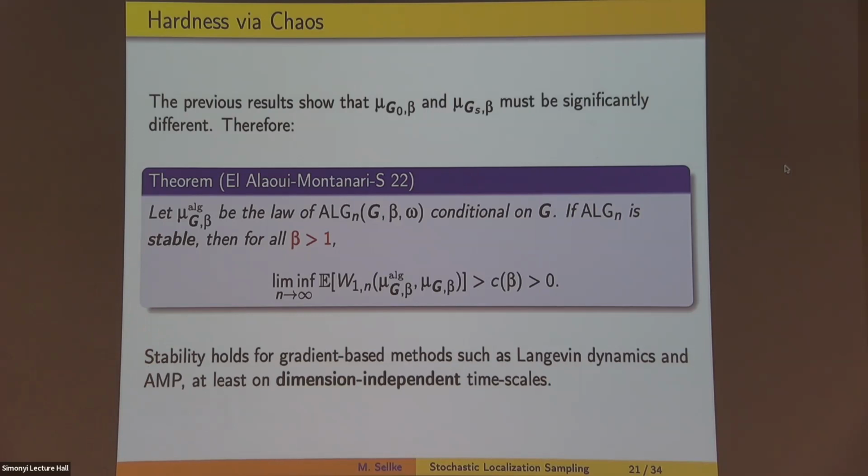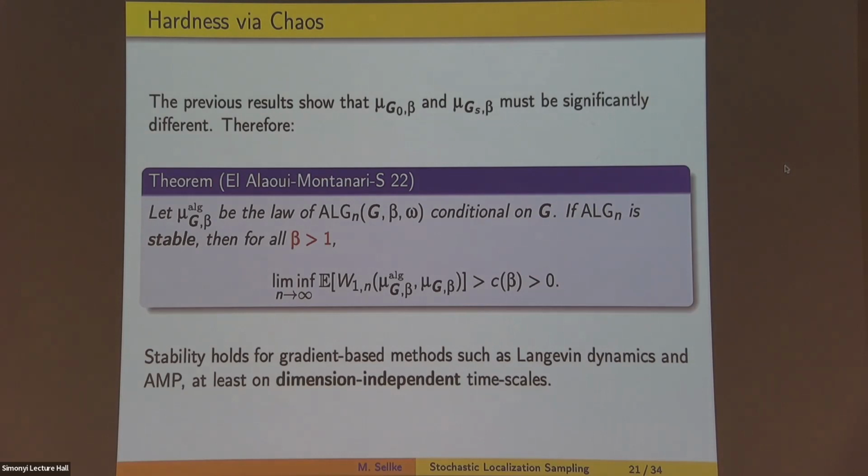You can think of things like doing Langevin dynamics on a short time scale. But even if you do some kind of Langevin dynamics or Glauber dynamics on a polynomially large time scale, it probably won't be easy to show it's stable, at least. So it's certainly not the endpoint for showing hardness.